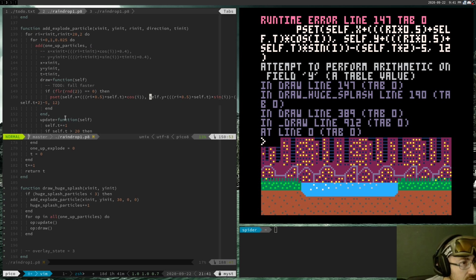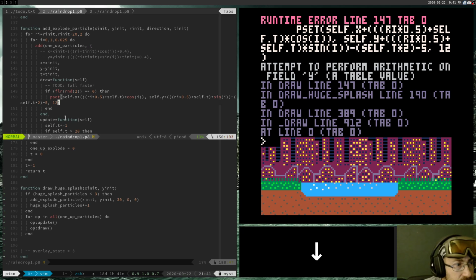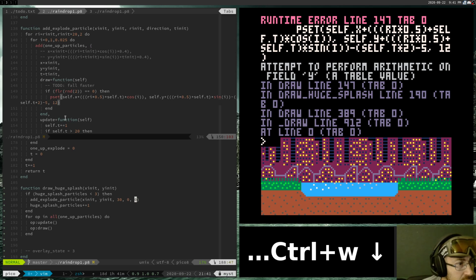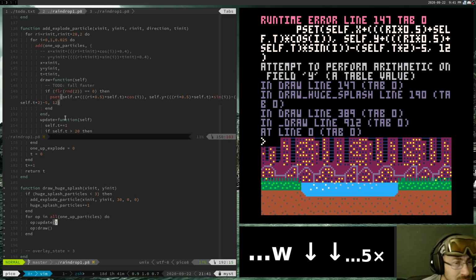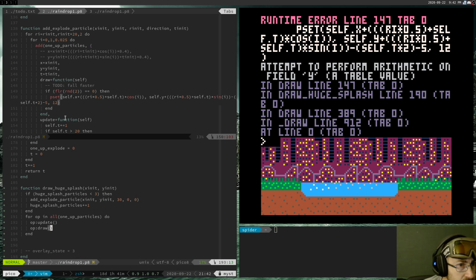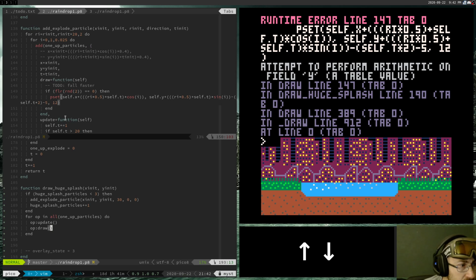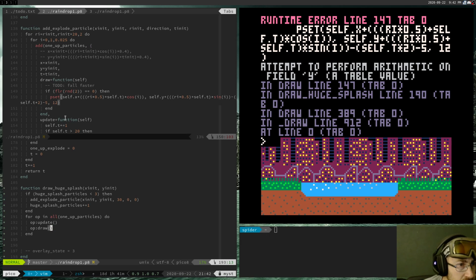So this is the draw issue. So we're not hitting this until, okay, so it says draw huge splash. Draw line 389, draw line 912, so it's actually hitting it right over here. It says 190, but it's really 193 over here.